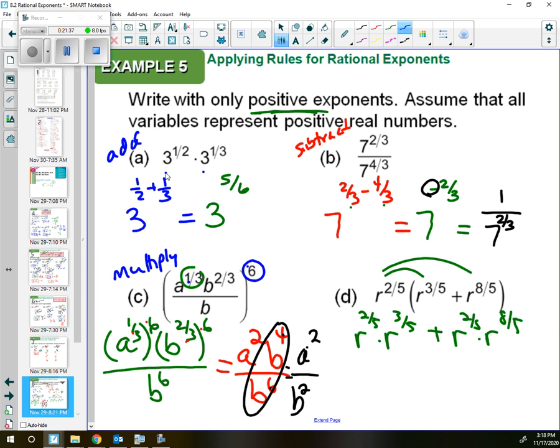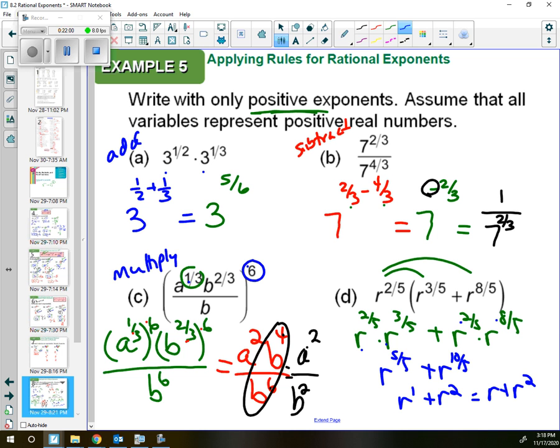We multiply through, we add the exponents now, same base, right? So 2/5 plus 3/5 would be 5/5, and then 2/5 plus 8/5 would be 10/5. And then I can do a little bit more simplifying here. 5/5, that's 1, so r to the 1st, and 10/5, that's 2, so r to the 2nd. So it ends up being r plus r squared.